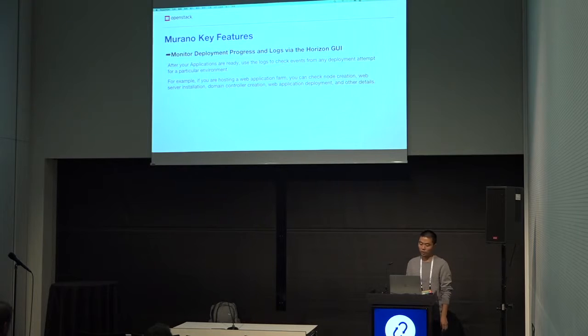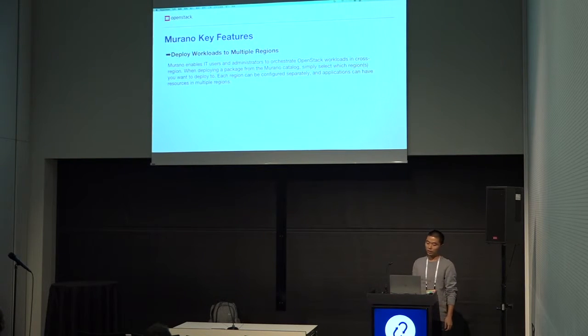For example, if you host a web application farm, you can check node creation, web service installation, domain creation, web application deployment, and other details. Some details are in the Horizon UI.